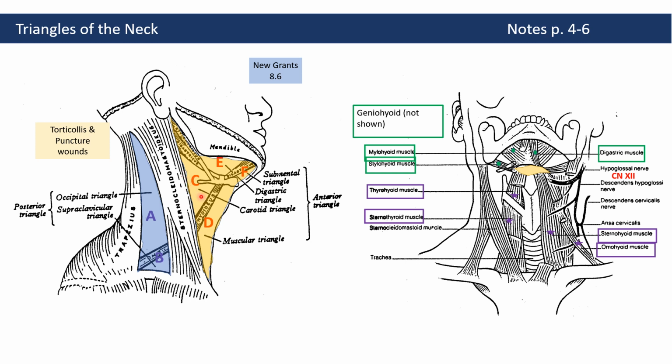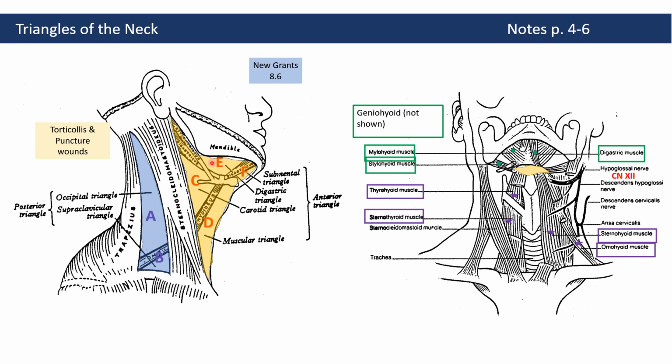The carotid triangle, shown here, contains, as one might expect, the carotid arteries, common carotid and external carotid arteries. And because of its location in the carotid sheath, you may also get a portion of vagus nerve in that particular area.